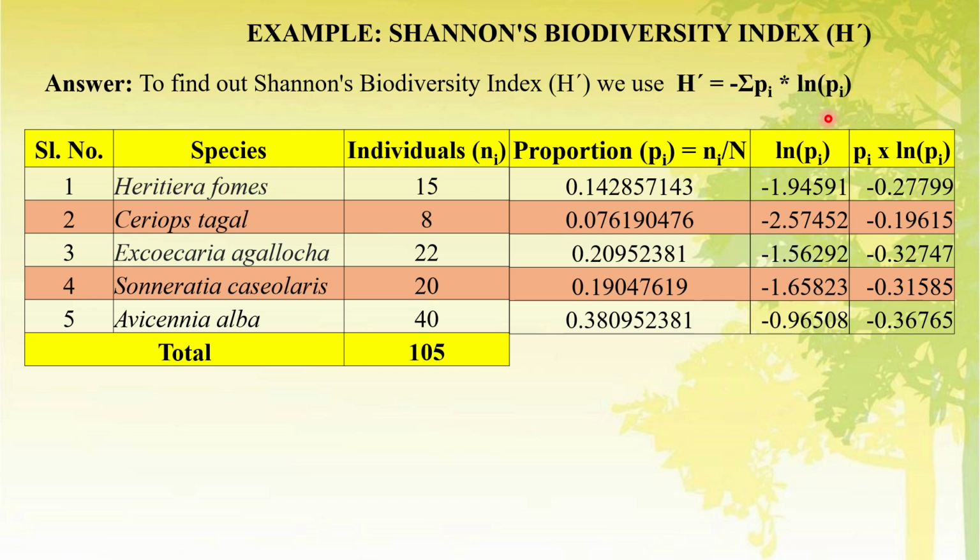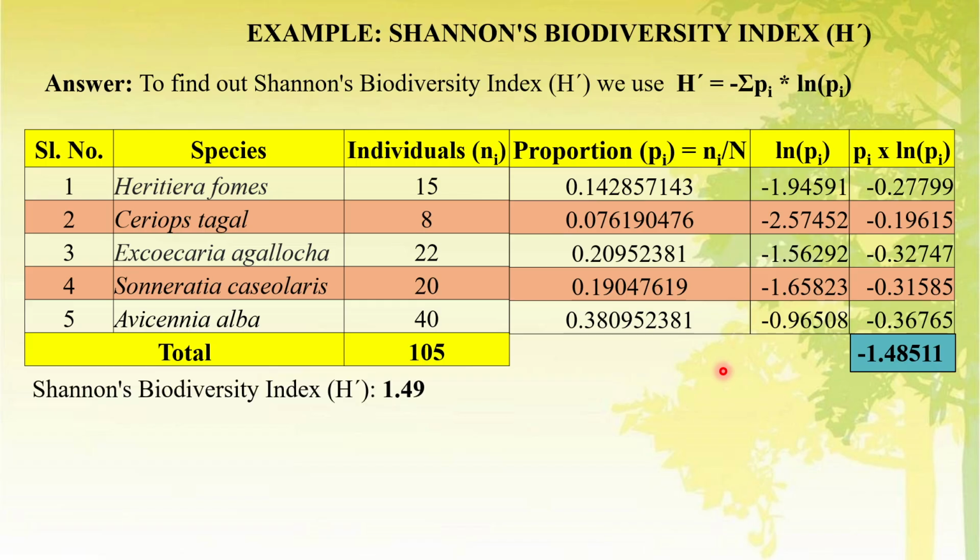So this portion will be ready. So it is minus 1.49. This is a negative value, so I multiply with the negative sign to make it positive, and the Shannon's Biodiversity Index is 1.49. So you remember this number.